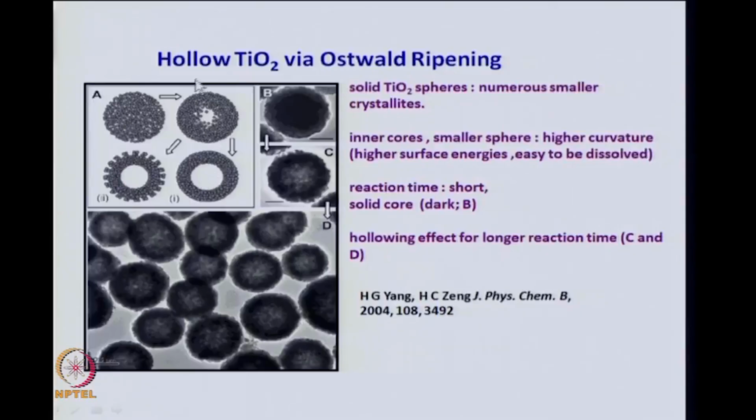This is a model of what is happening in TiO2, how hollow TiO2 is forming, and these are real pictures where you see that the outer part of these large agglomerates of particles is becoming darker and the interior is becoming lighter. This is the hollowing effect which you observe because of Ostwald ripening at longer reaction time.